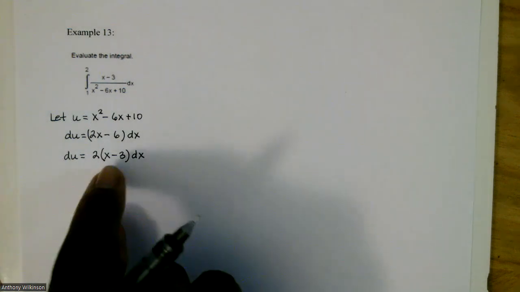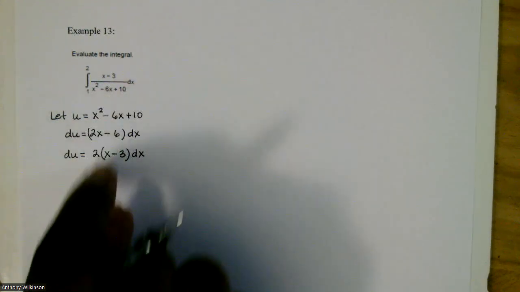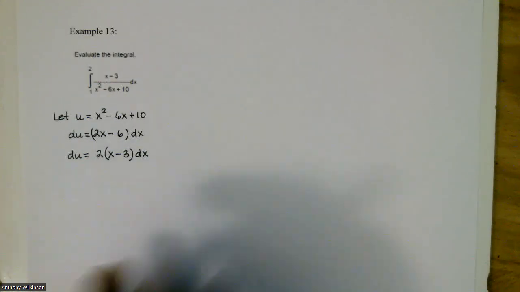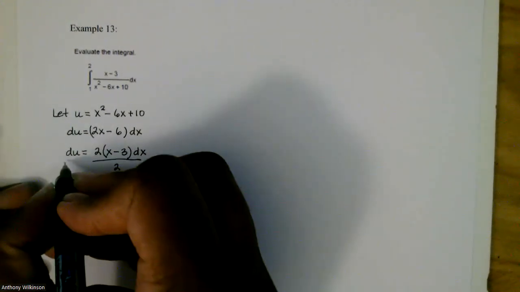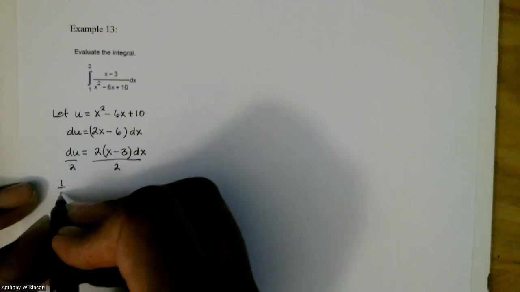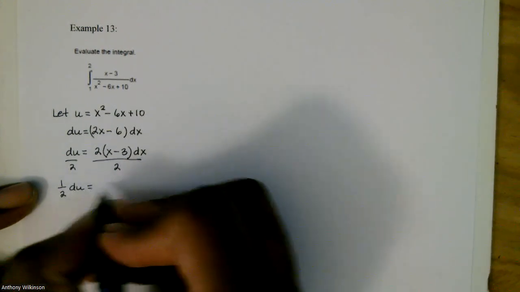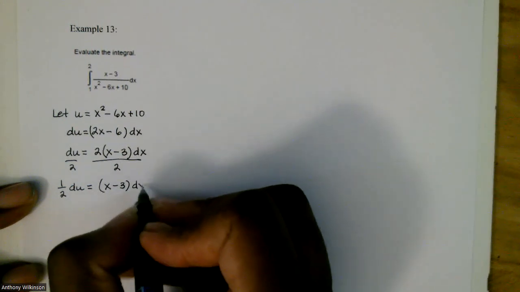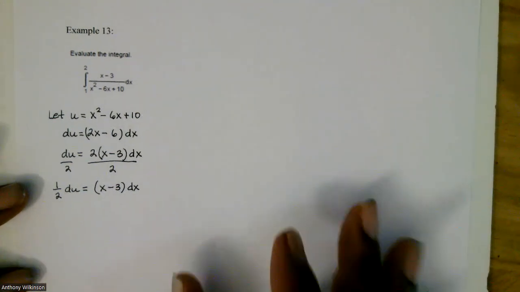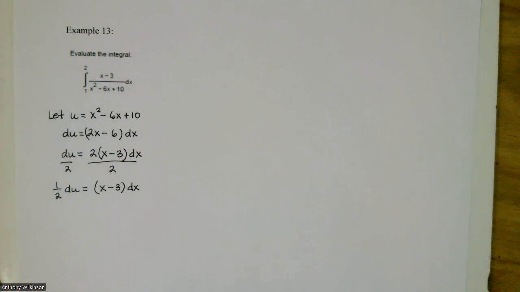All right, but I do have the x minus 3 dx. So if I want x minus 3 times dx by itself, I'll have to divide both sides by 2. So it'll be 1/2 du is equal to x minus 3 dx. And in this problem, I'm not going to change my limits of integration.